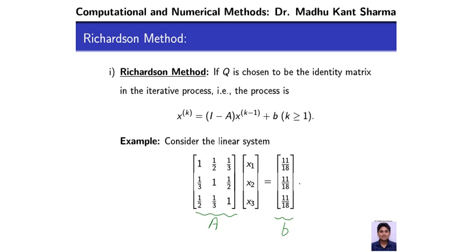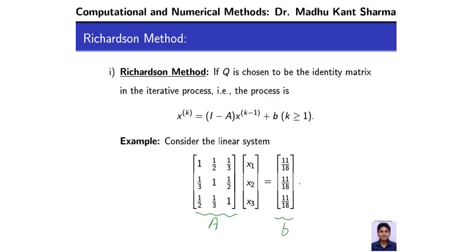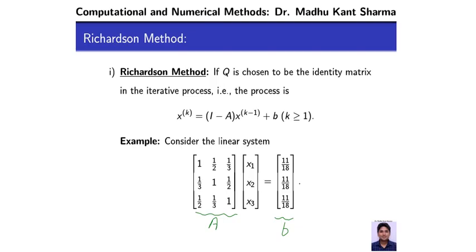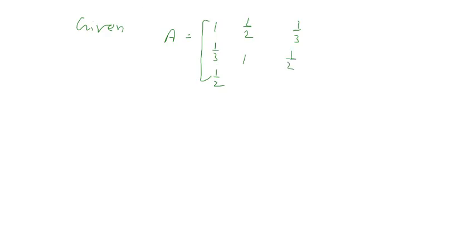So given A is equal to [1, 1/2, 1/3; 1/3, 1/2, 1; 1/2, 1/3, 1].